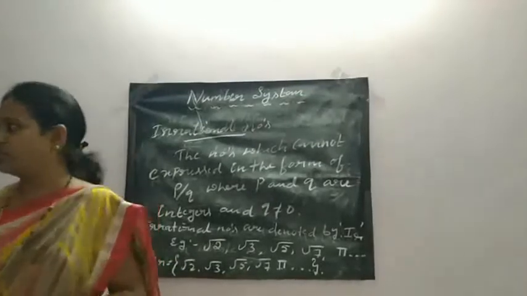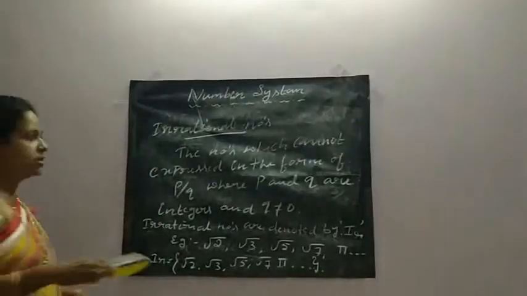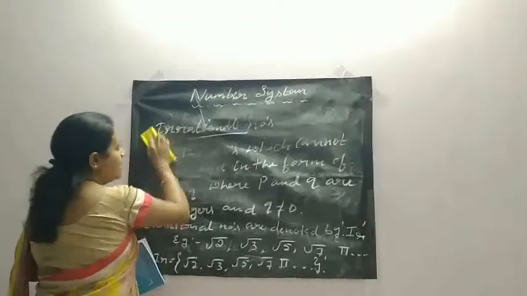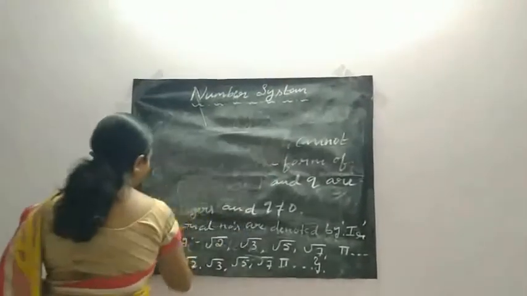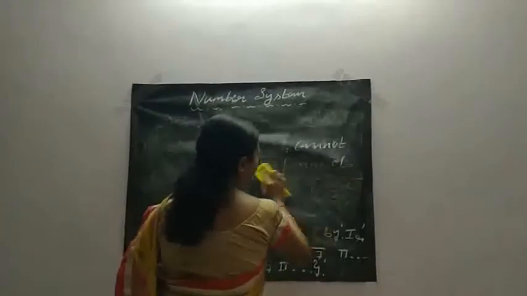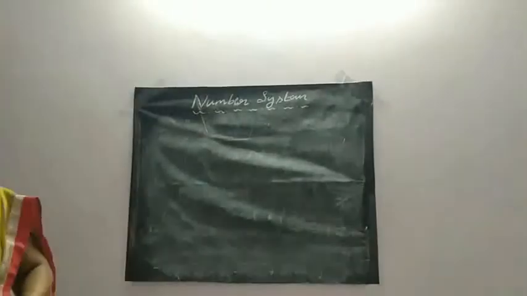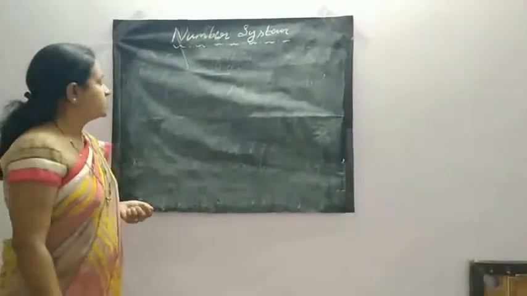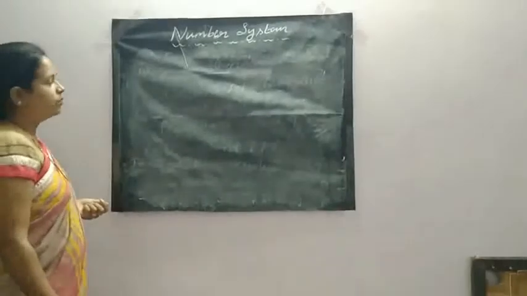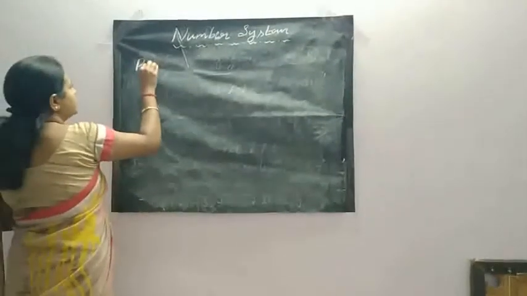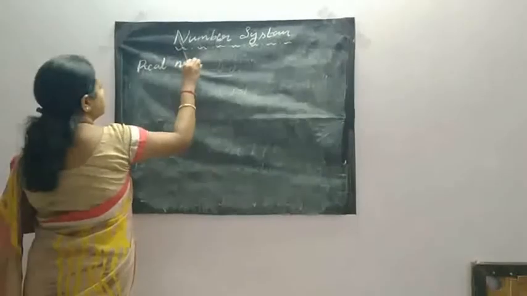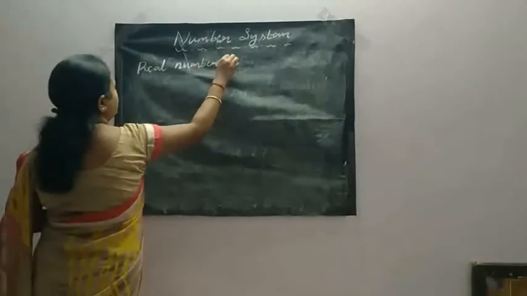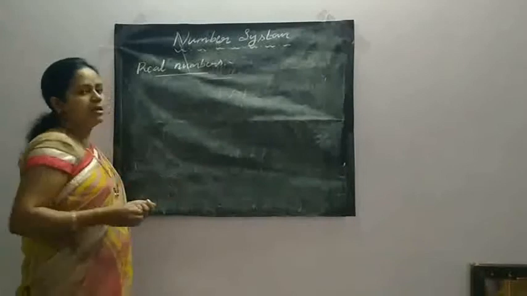So, the last one is, children, real numbers. Okay, children. So we have studied about the irrational numbers. Now the last one is real numbers.